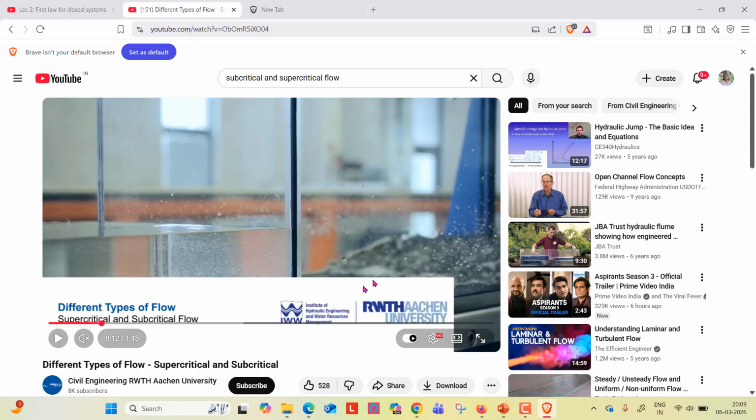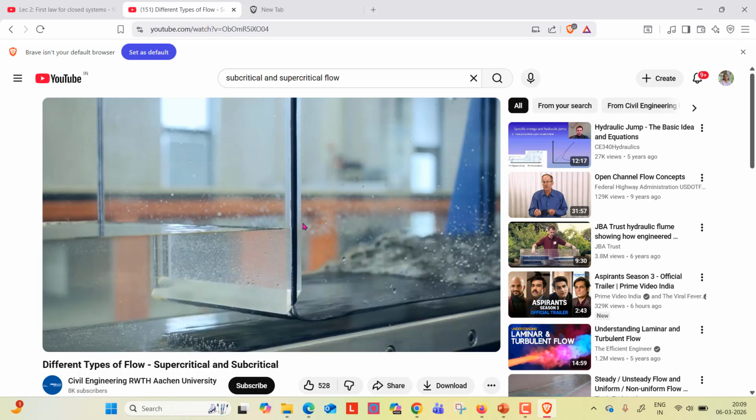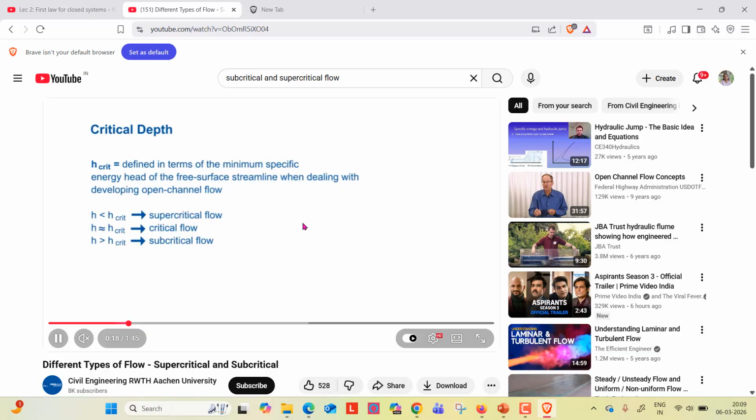This is called the supercritical zone. If that goes on for a long time and cannot be maintained, and it wants to go back to the subcritical portion, it has a back pressure and will create a hydraulic jump. You can see in the video how the hydraulic jump has been created. Why has it been created here?